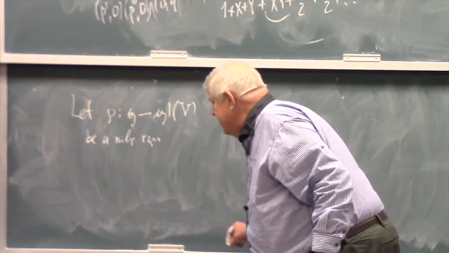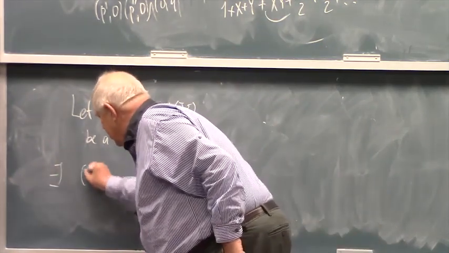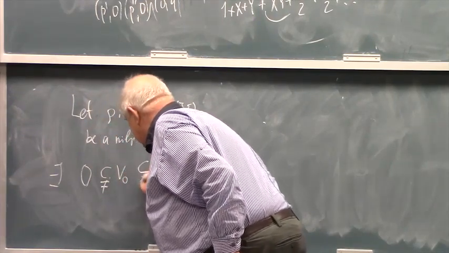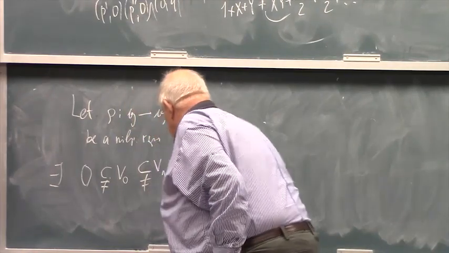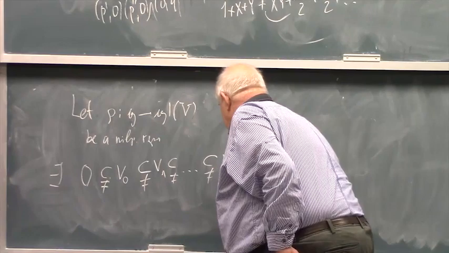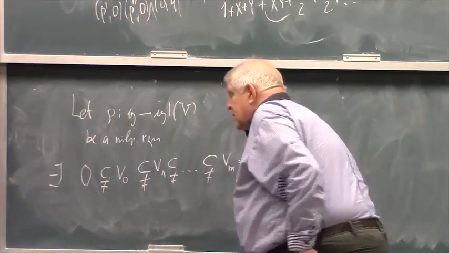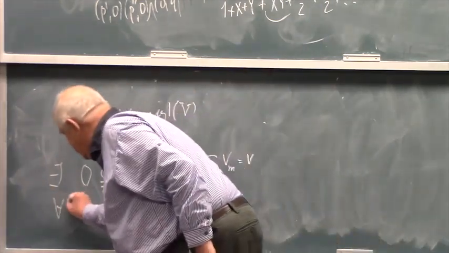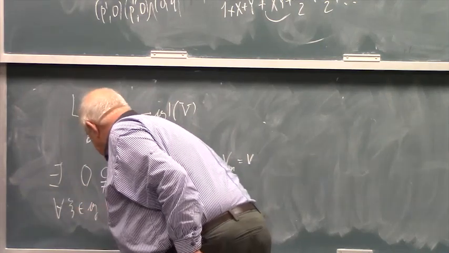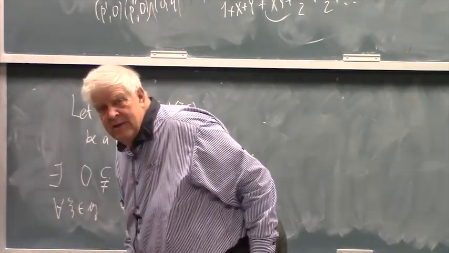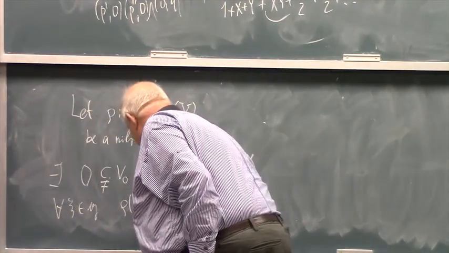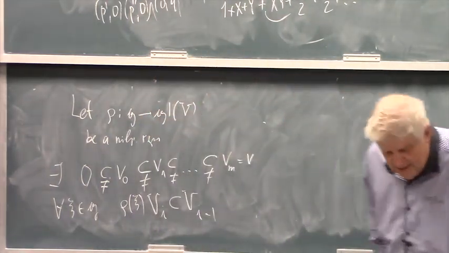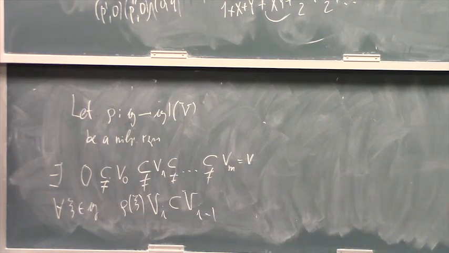Then there exists a sequence of subspaces V0, V1, up to Vm, such that for every C in G, if you apply the corresponding endomorphism rho of C to Vi, you will fall into Vi minus 1.